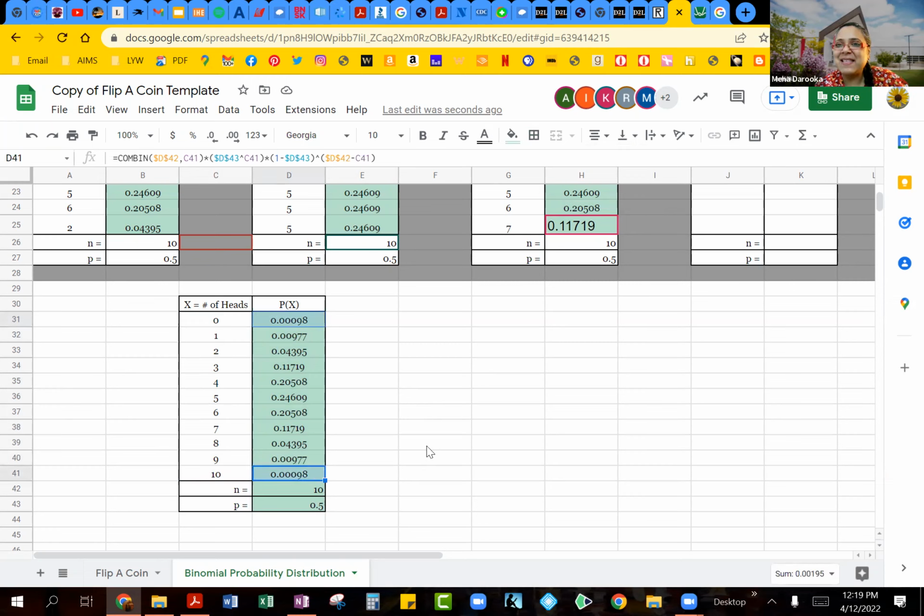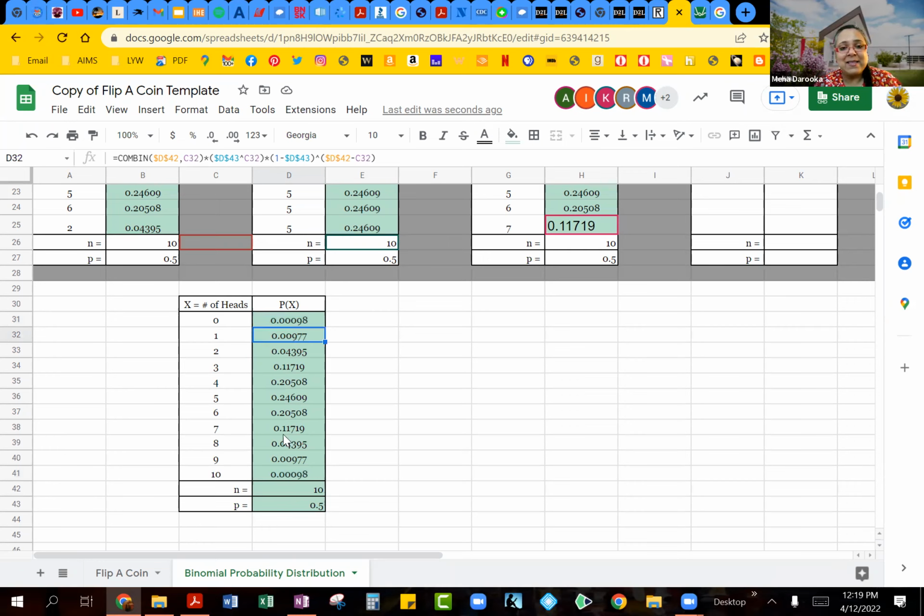It makes sense in this particular experiment, because getting 0 heads means all of them were tails, so 10 tails, and your probability is the same, 0.5 for landing on a head or landing on a tail. Since those two probabilities are the same, 10 heads is the same thing as 10 tails. So that's why 0 and 10 have the same probability.